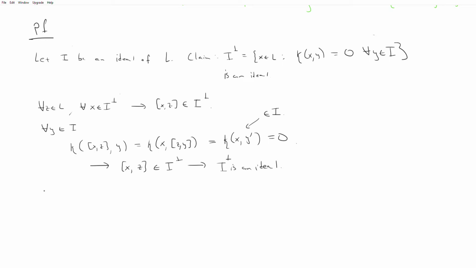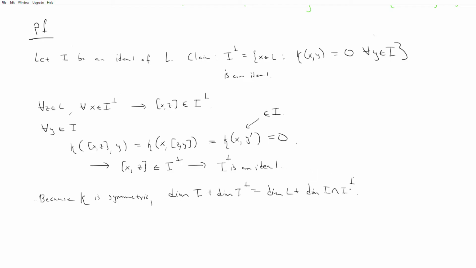This is because we're using an implicit fact from, say, your earlier studies in linear algebra, which is that if you have a symmetric bilinear form, say kappa, because kappa is symmetric, we have that dim I plus dim I perp is equal to dim L plus dim I intersect I perp.